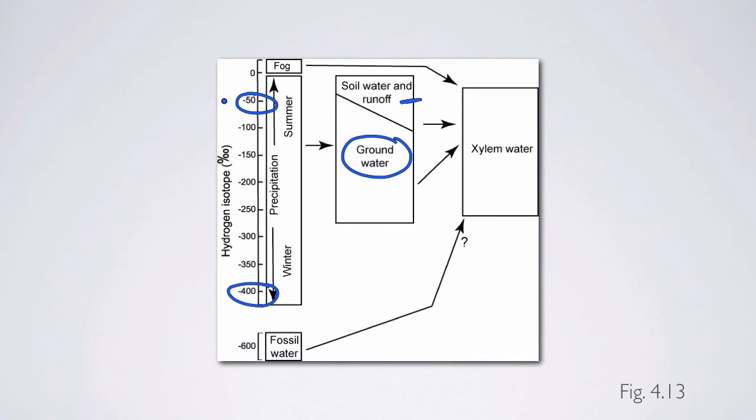So it's an inferential approach, but by knowing the ratio of the isotopes in water and some of the basics of the physics and chemistry associated with water, for evaporation and condensation, for example, we can infer the temperature at which the precipitation occurred and also use that to separate out different sources of water that plants might access, because we're going to have different signatures in groundwater than we are for shallow soil water.